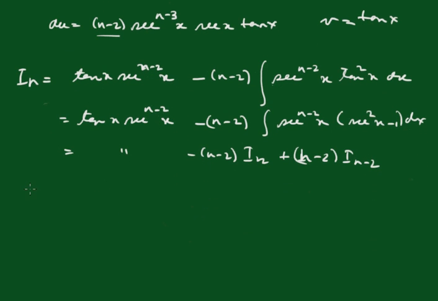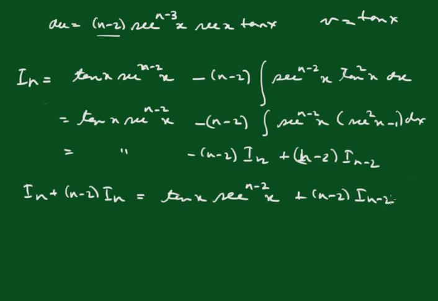Taking this across to the other side, we're going to have In plus n minus 2 In equals tan x sec of n minus 2 x plus n minus 2 In minus 2.